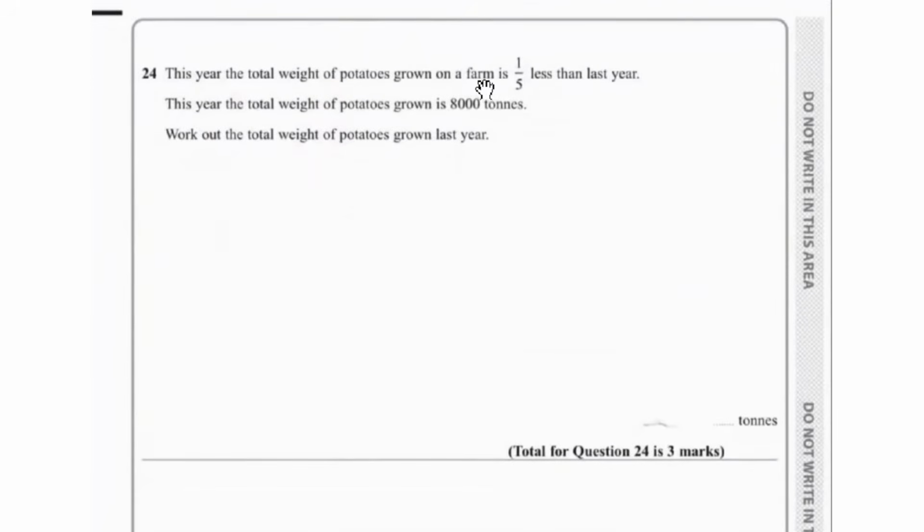Then this year, the total weight of potatoes grown on a farm is 1/5 less than last year. This year, the total weight of potatoes grown is 8,000 tons. We have to work out the total weight of potatoes grown last year. So 8,000 equals x minus 1/5 of x, which is basically 8,000 equals 4/5 of the potatoes grown last year.